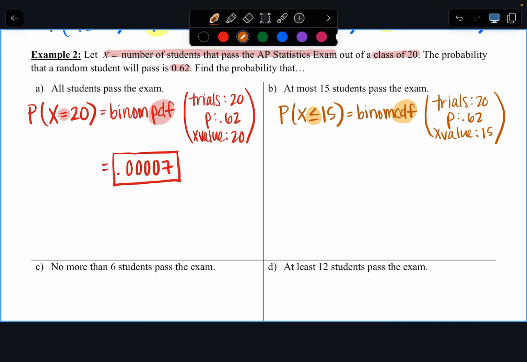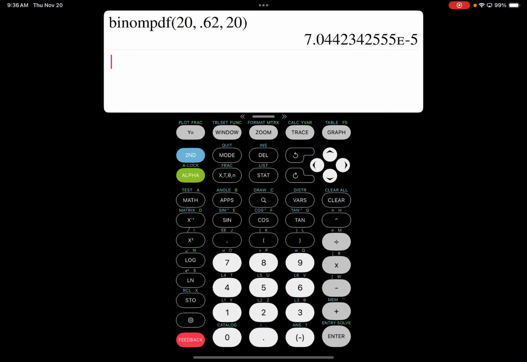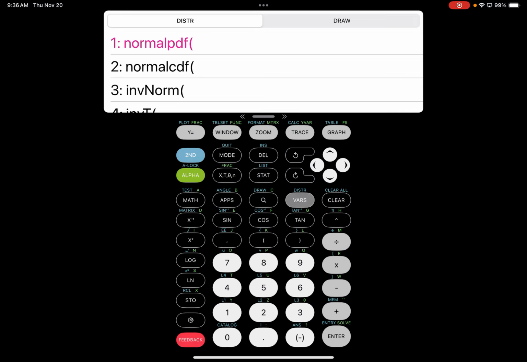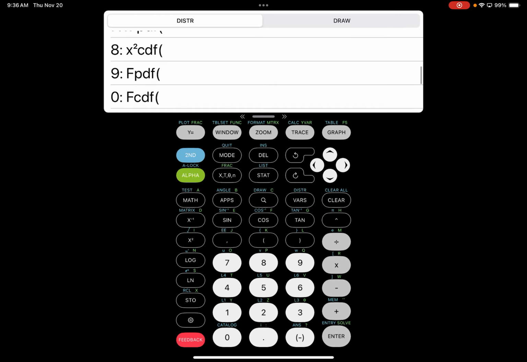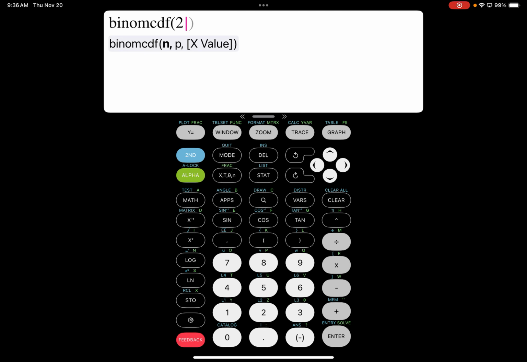The prompts for this in the calculator work exactly the same way. I'm going to hop over, go to second vars, and go down to B, which is binom CDF. I have 20, 0.62, and this time the last included value I want is 15.